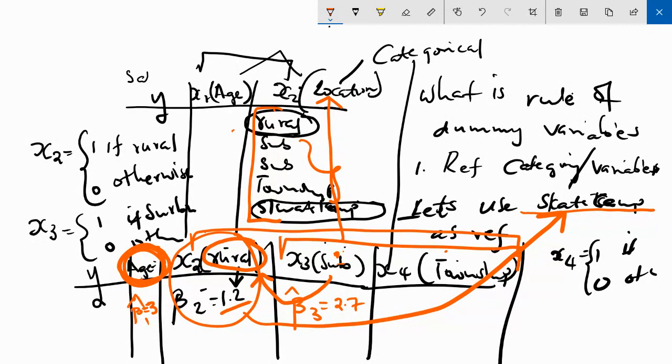When you add a year to the house, holding constant the effect of the location, you expect the price of the house to increase by 3,000. If it was negative, you would expect that the older the house becomes, the more the price goes down. But that is not always the case.